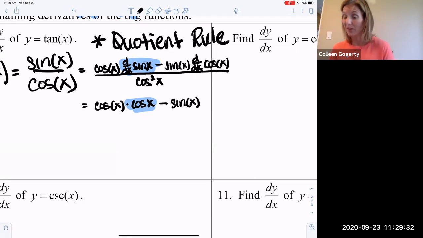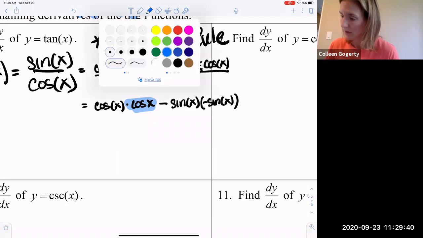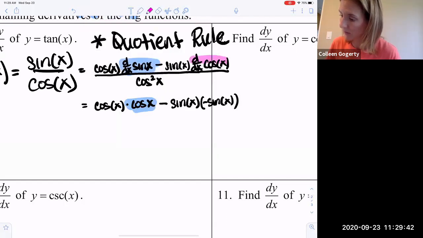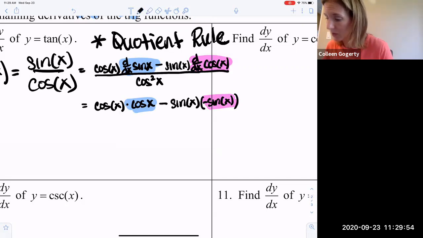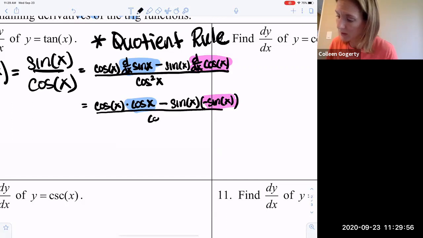Now I need the derivative of cosine. And the derivative of cosine is negative sine. So derivative of cosine, I just replaced negative sine. Please make sure you put negative sine in parentheses so it doesn't look like you're subtracting sine. We are multiplying that, okay? Back to all over cosine squared.